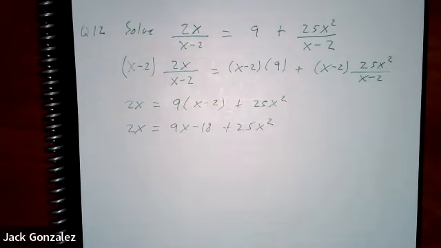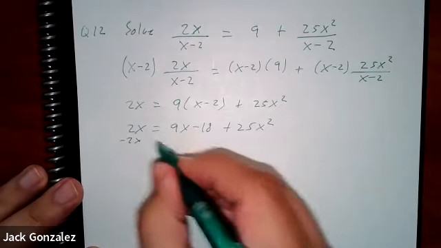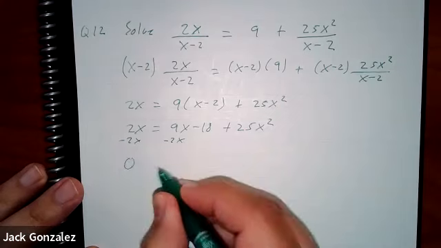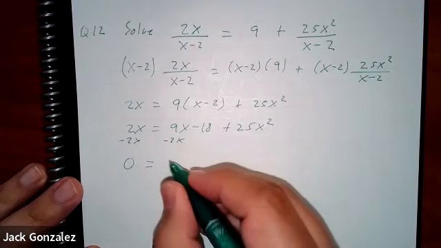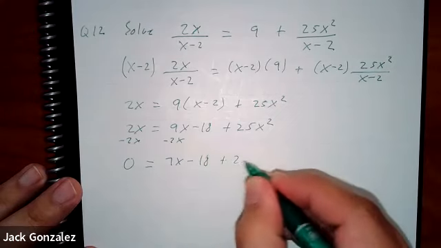Okay, at that point, we got rid of fractions, so solve for x. That's a quadratic type, so we have to set it to 0. We're going to move this 2x over here. So now I have 0 equal to 7x minus 18 plus 25x squared.